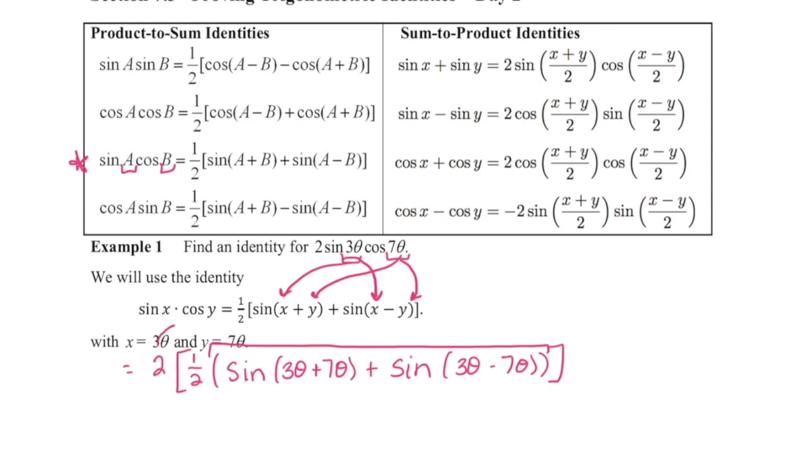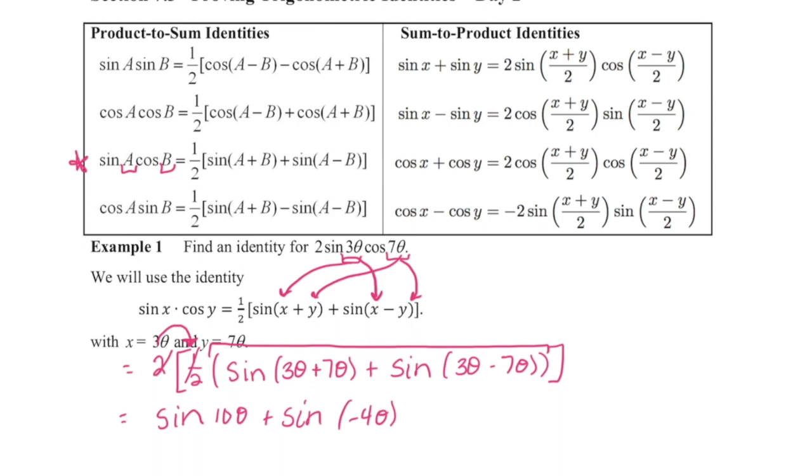So when I distribute my 2 in, the only thing I need to distribute that 2 into is that half, and 2 times half ends up being a whole, so it's a moot point. I now have sine of 10 theta, since 3 theta plus 7 theta is 10 theta, plus sine of negative 4 theta.